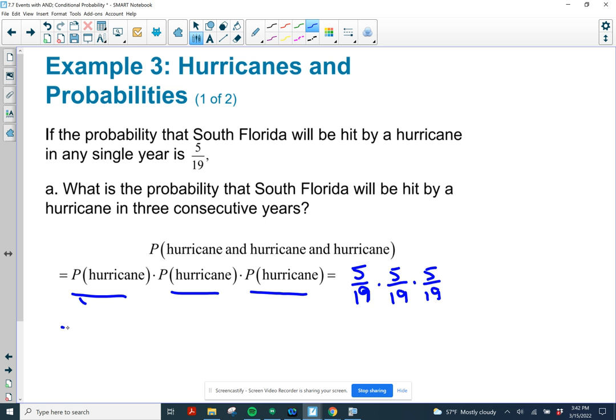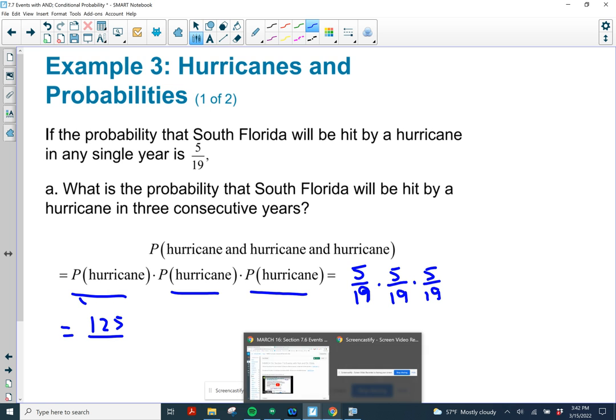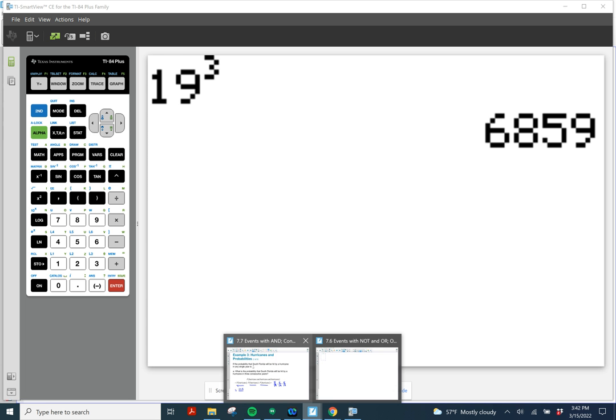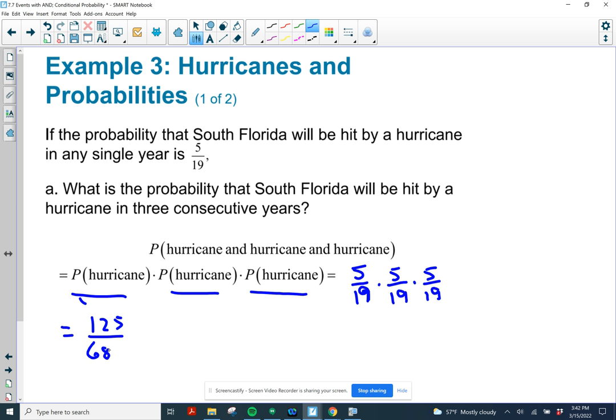If we do that calculation, that's going to be 5 times 5 times 5, which is 125, and then 19 to the third power, which is 6,859. And if we want that as a decimal, we just divide 125 by 6,859, and we come up with approximately 0.018. We'll just round it to 3 decimal places.